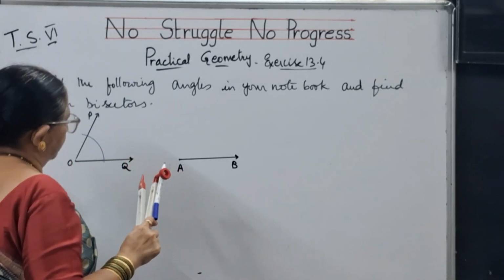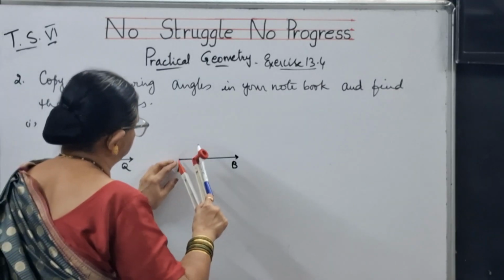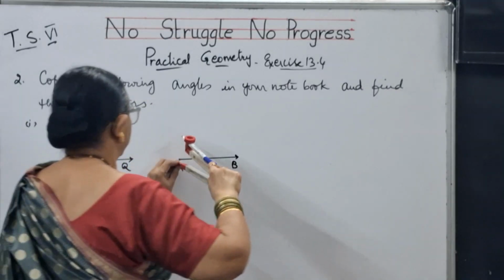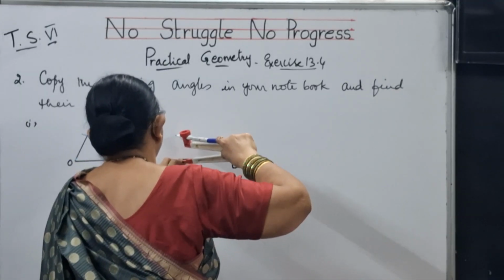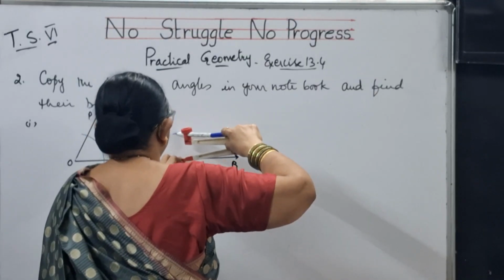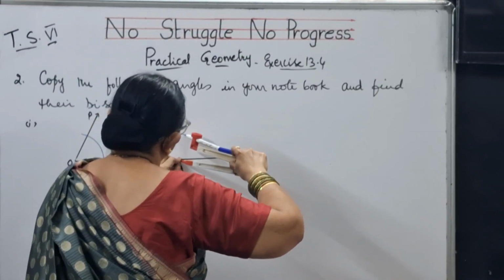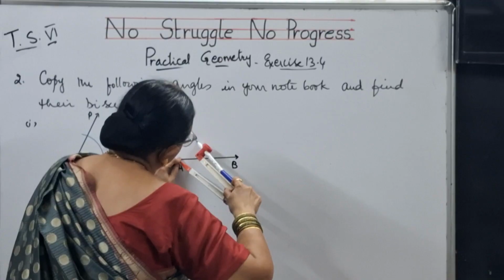With the same radius, without disturbing the compass, here also you have to draw an arc like this.